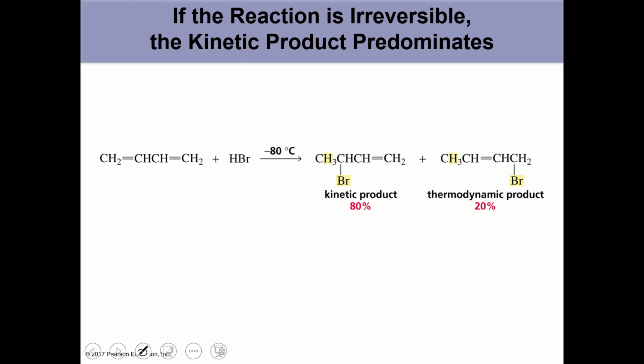If the reaction is irreversible, then the kinetic product predominates. So if the reaction is irreversible, the kinetic product predominates. And the way that we make a reaction irreversible is to use very low temperature.